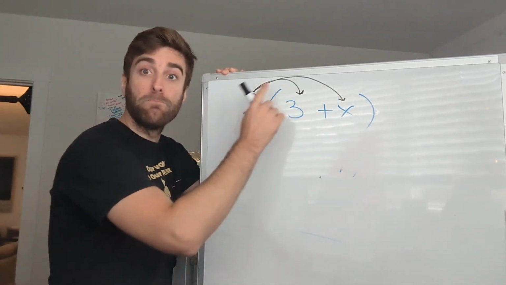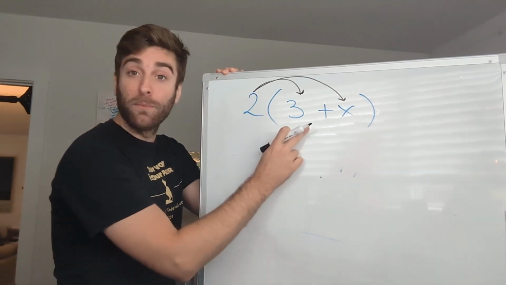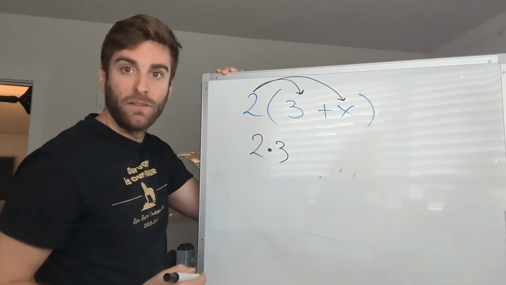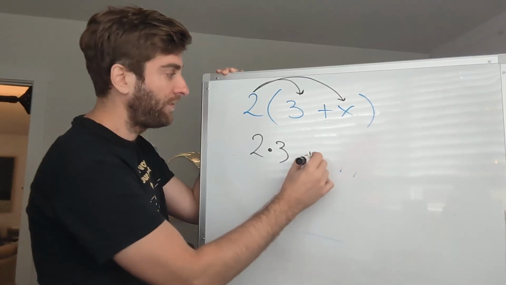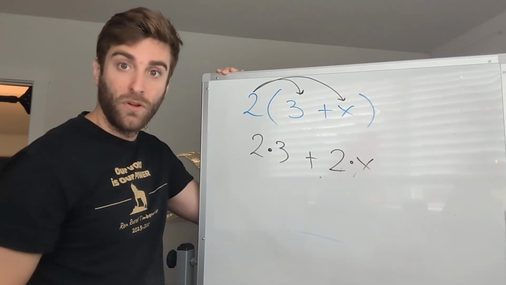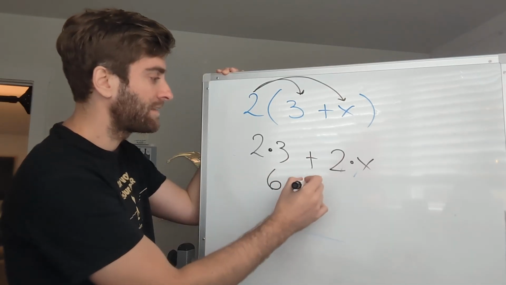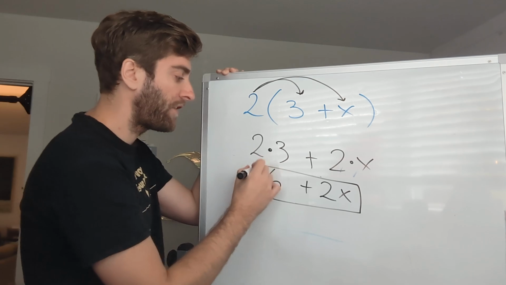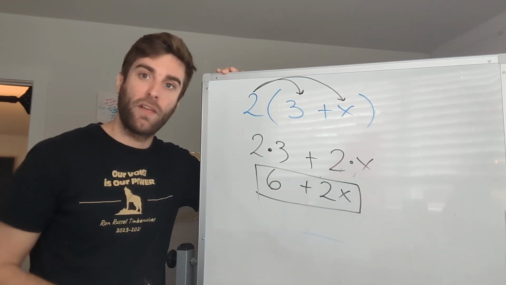We're doing both. 2 times 3 plus 2 times x. What is 2 times 3? 2 times 3 is 6. And 2 times x is 2x. And there you go. It's as simple as that.